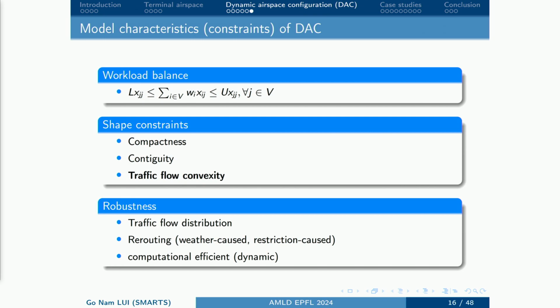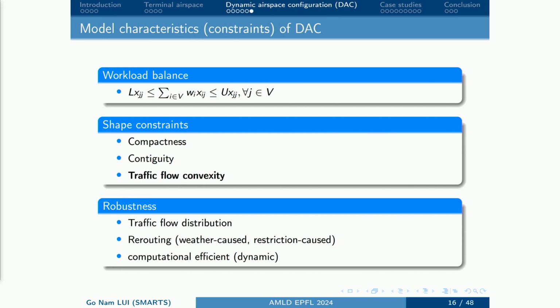The first thing would be the workload balance, where you try to split the workload among air traffic controllers in a good way, so that the workload is well distributed. For the shape constraints, we don't want the sectors for each traffic controller to be non-compact. They need to be all together and connected with each other.